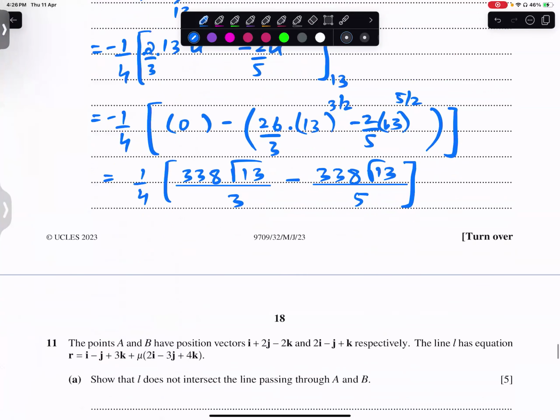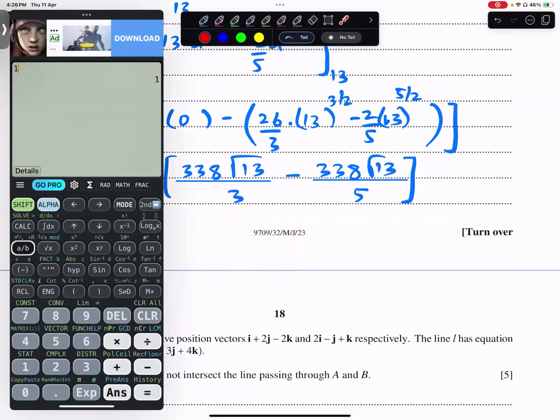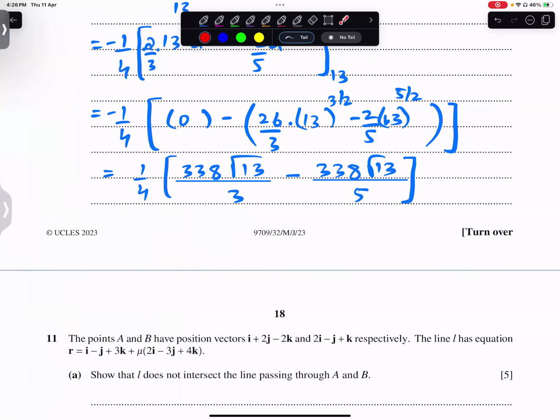Now you can see that this part is common. So all that remains is 1 over 3 minus 1 over 5. Just do it in calculator. So 1 over 3 minus 1 over 5, 2 by 15.